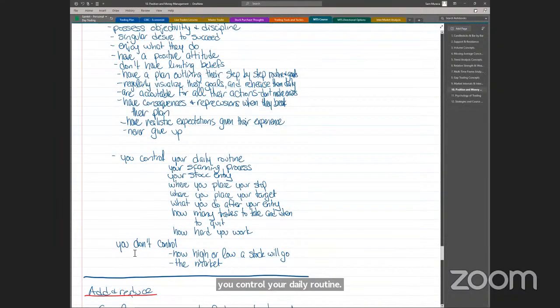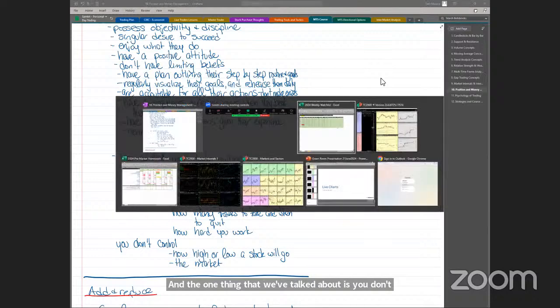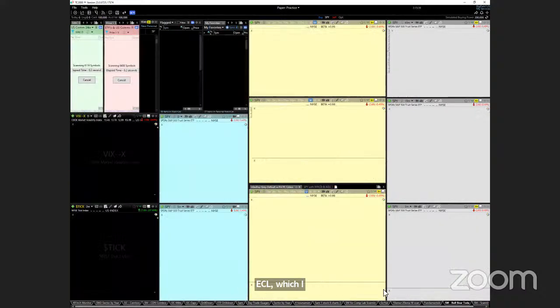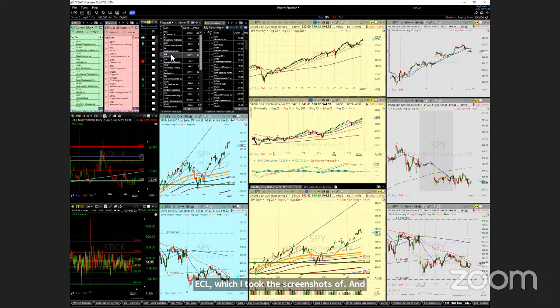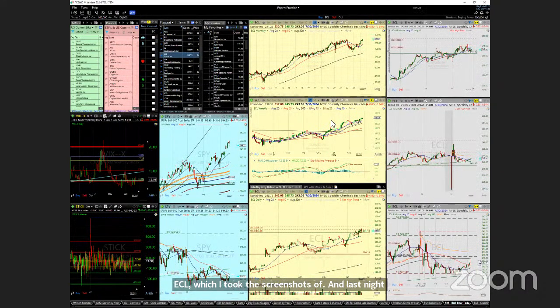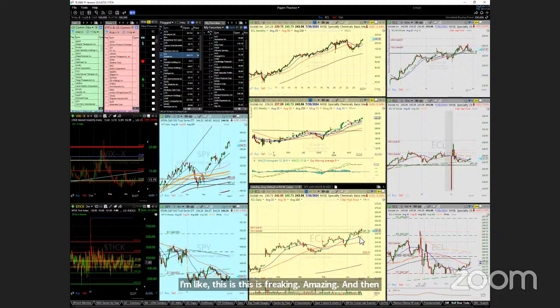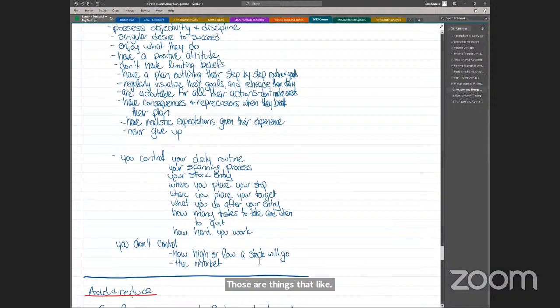And the one thing we've talked about is, when I looked at ECL, which I took the screenshots of, last night I thought this is amazing. And then you look at what happened today. It's nice that it's bottoming here at the breakout area, but those are things we don't control.